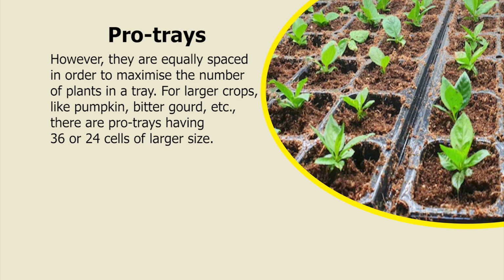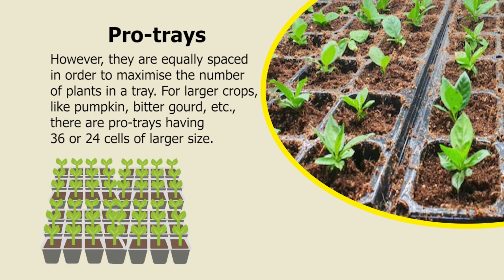However, they are equally spaced in order to maximize the number of plants in a tray. For larger crops like pumpkin, bitter gourd, etc., there are protrays having 36 or 24 cells of large size.